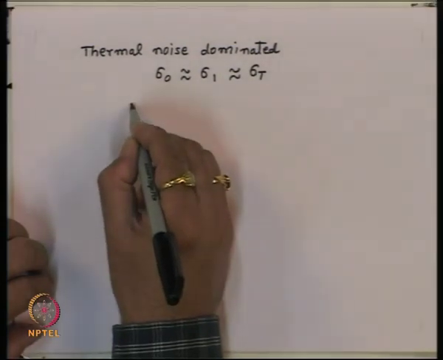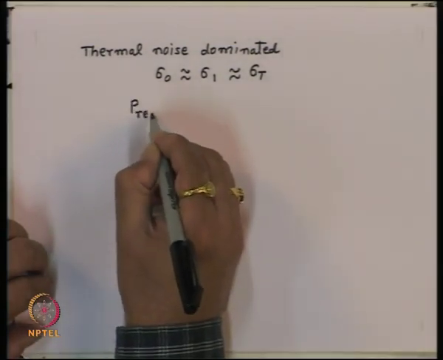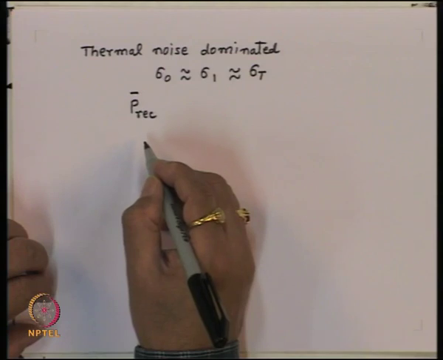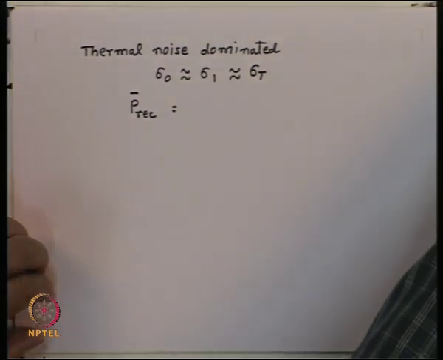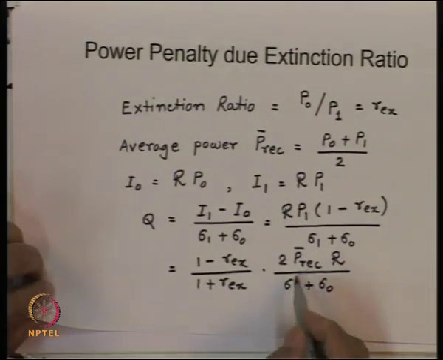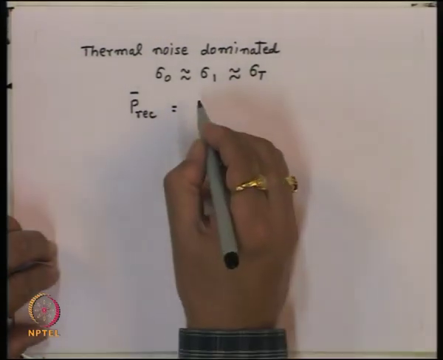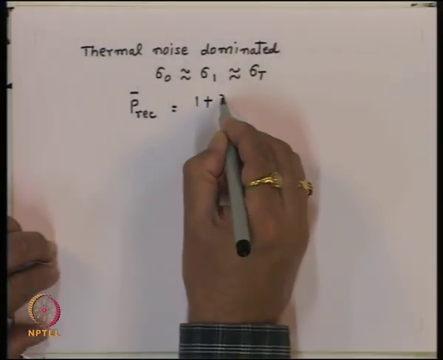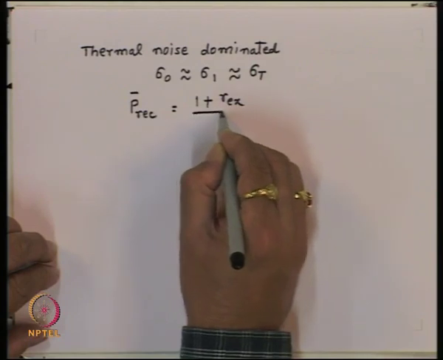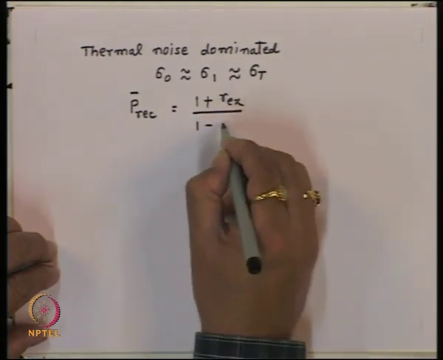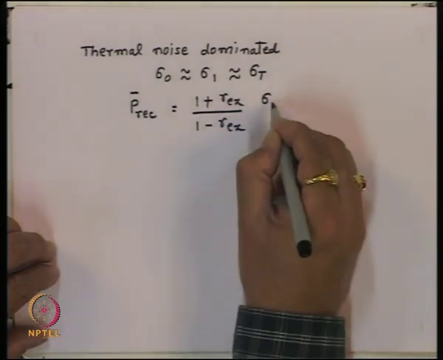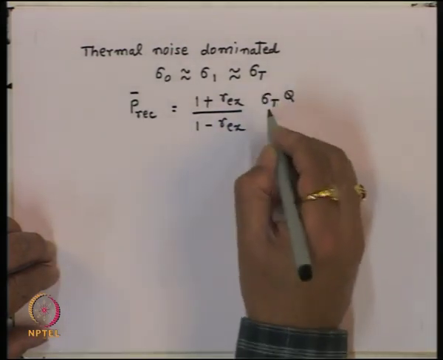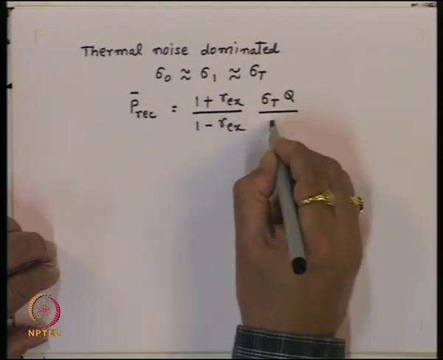And then in this situation, we can get the average power required. This we can get essentially by inverting this expression. So, we can get average power received, which is 1 plus Rex divided by 1 minus Rex, times sigma t q divided by the responsivity.